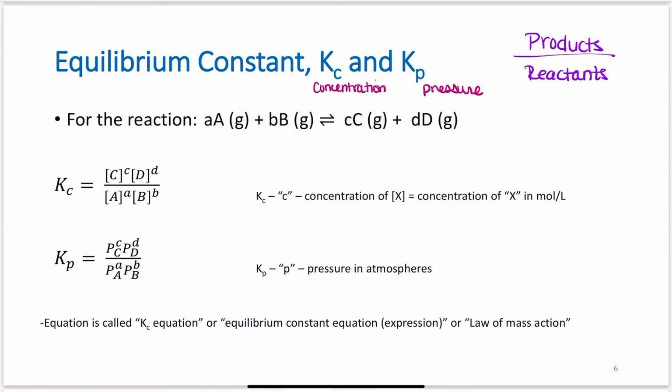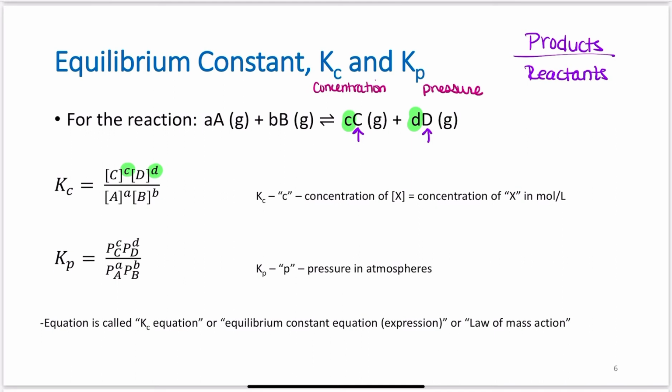So the way we do this, products over reactants, you take your product, and you're going to take whatever species you're looking at, and you're going to determine the concentration of that species. The coefficient on that species becomes the exponent in the Kc expression. So if I had a 2 out front of that C, it would be C squared. If I had a 3 in front of the D, it would be D cubed.